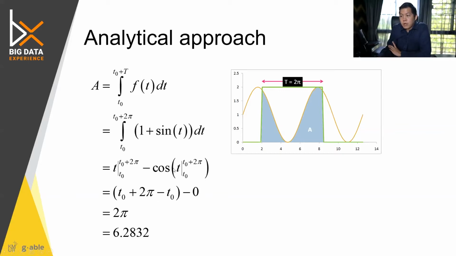For the cosine, why is it 0? Can anyone tell me? Why is the integration of cosine over 2 pi 0?